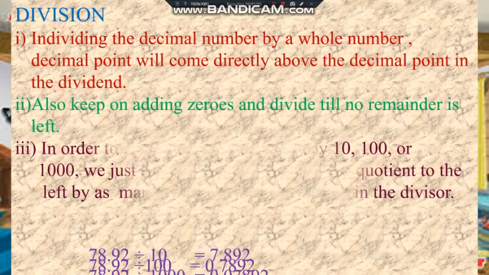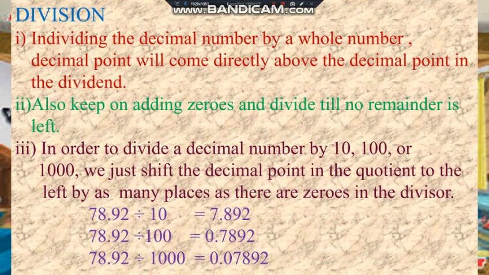Okay. Now, if we divide a decimal number by 10, 100 or 1000, we just shift decimal point in the quotient to the left. In multiplication, we shift decimal to the right, but in division, we shift decimal to the left.